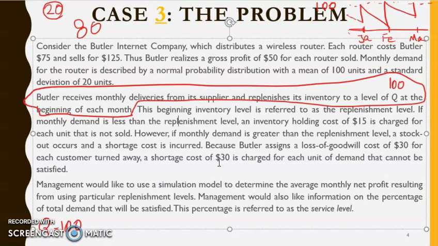So if we specify Q as a big number, there is a downside with this. What is the downside? Most probably we are gonna have stock inventory at the end of the month, and we need to pay $15 for those things.